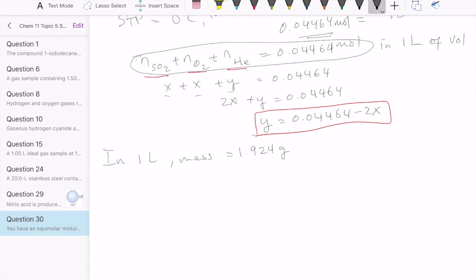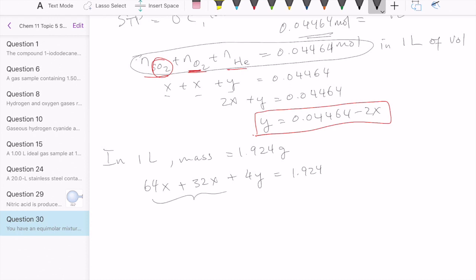First I take X and multiply by the molar mass of SO2, 64, so I'm going to have 64X. And then oxygen, which is also number of moles equals X, oxygen's molar mass is 32 grams per mole, so it will be 32X. And then I have helium, where Y is the number of moles, so 4Y. If I add all of these, I should get 1.924 grams.